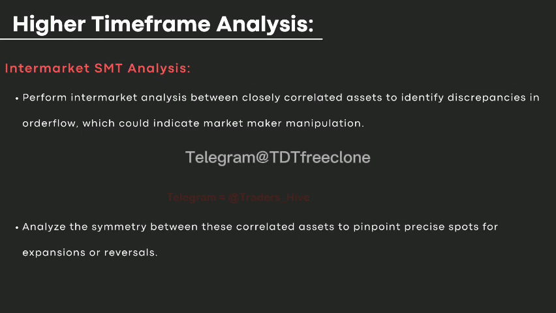Symmetry can help you pinpoint key spots where expansions or reversals are likely to occur. For example, if one asset is making a higher high while the correlated one isn't, then that's a clue that something unusual might be happening or the market makers are actively manipulating the markets.